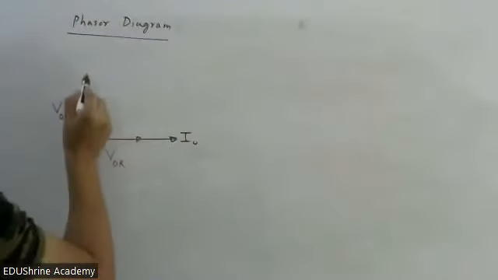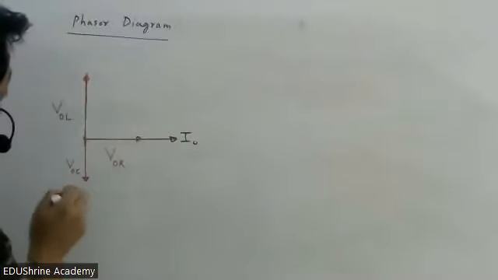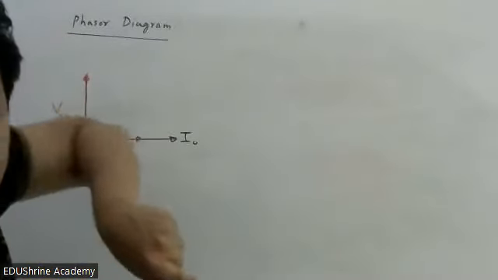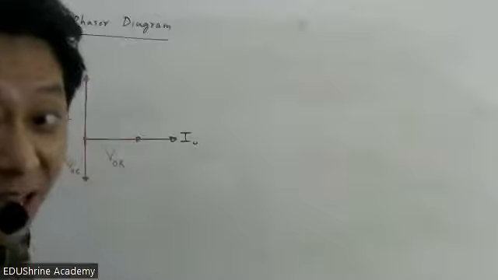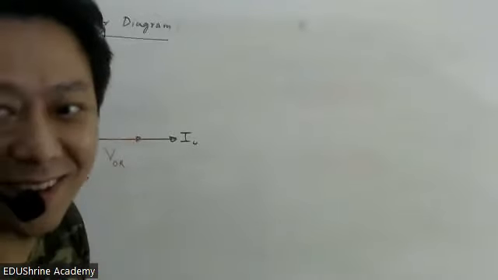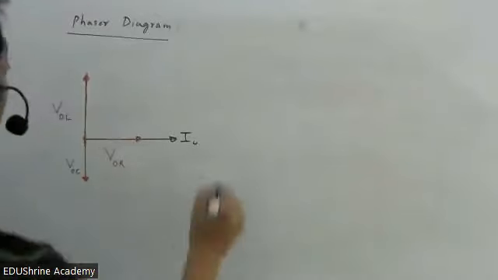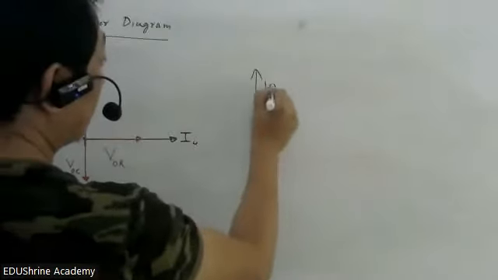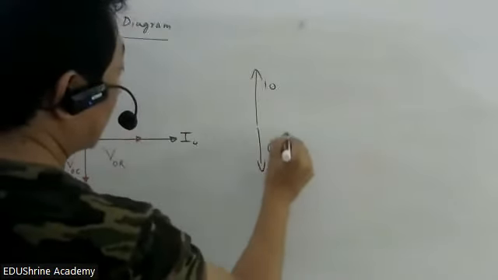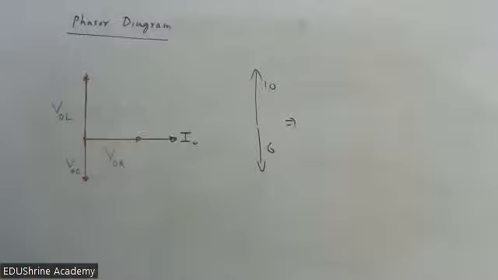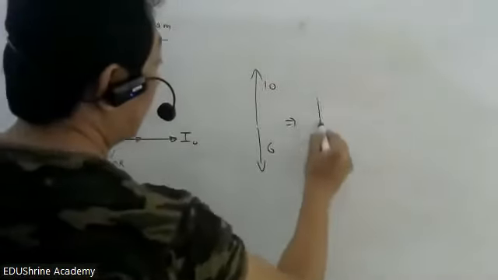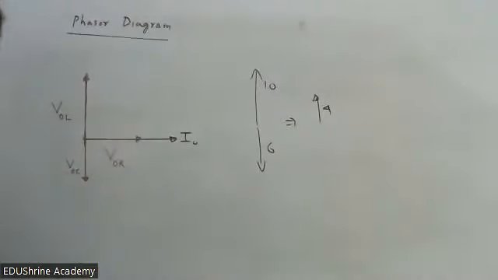Now tell me, the phase angle between this and this, how are these two directed? If these two were vectors, I would have said they are opposite. So if this is 10 and this is 6, what is the total of these two? 4. What direction? Up. Yes, sir.